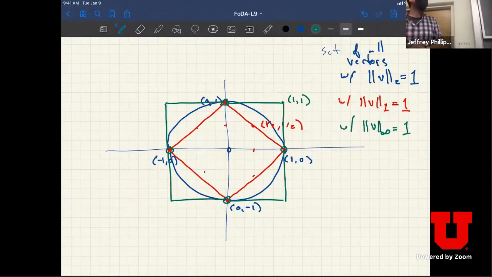That becomes important in the machine learning and the data mining course, but I will leave that to those courses to really develop. But that's a little bit fun to think about. I just want to give you a notion that these are different ways of measuring the length of a vector, and they're all kind of internally consistent with each other.